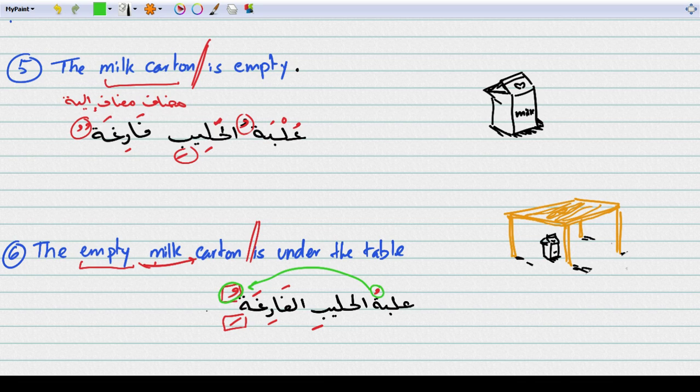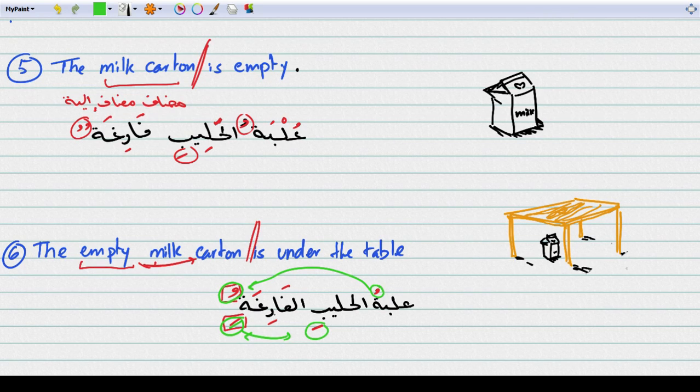So علبة الحليب الفارغة. So you mean علبة فارغة, العلبة الفارغة. If you meant the milk, you match these, and then you would say علبة الحليب الفارغة.